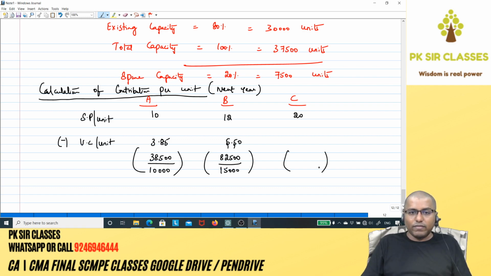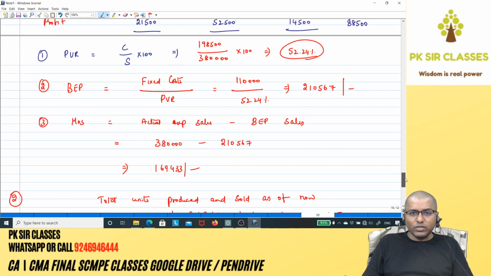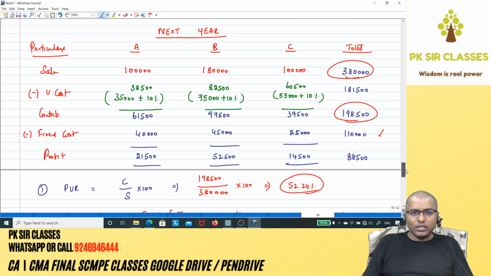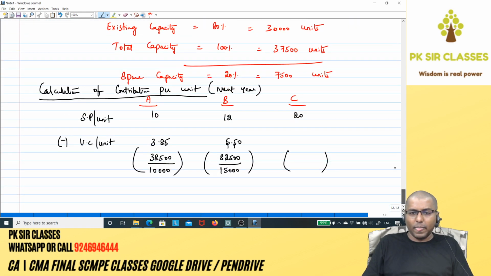Then the last one, C. What is the variable cost over here? 60,500, divided by how many units of C? 5,000 units. 60,500 divided by 5,000 is 12.1.